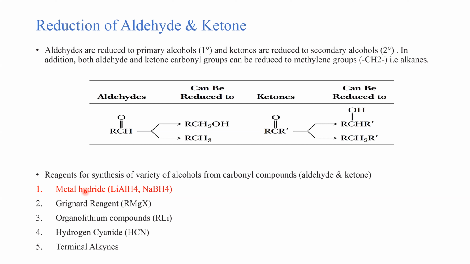We have discussed the carbon based nucleophiles, the oxygen based reagents, and the nitrogen based nucleophiles. We have covered some of these, and these are basically different reagents which, when reacting with carbonyl compounds, can change the aldehydes and ketones into another class of organic compounds.